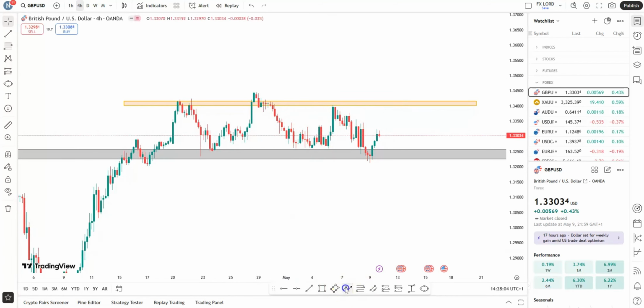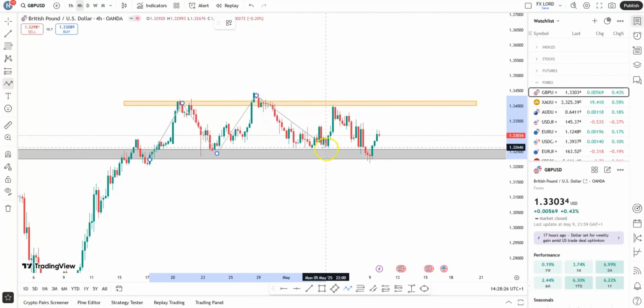So price came all the way from this level, came into this minor resistance, couldn't break through to the upside, came back to retest the support level. Same thing happened, came back to the minor resistance, but nothing could happen. It couldn't break out.